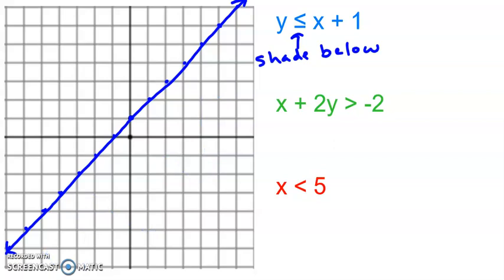All right, so my next one, x plus 2y is greater than negative 2. Now, in the previous video, we talked about how we can graph our x and y intercepts. So we just substitute 0 in for x and for y and pretend it's an equation, then solve for the other variable. So if x was 0, 2y equals negative 2.